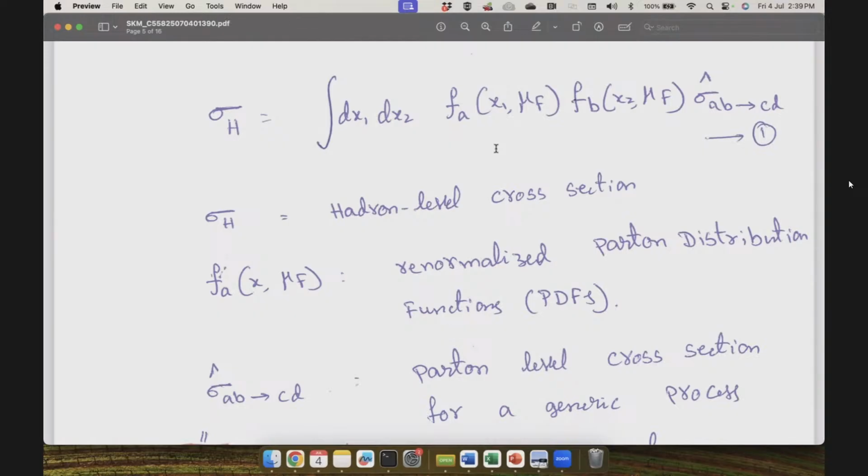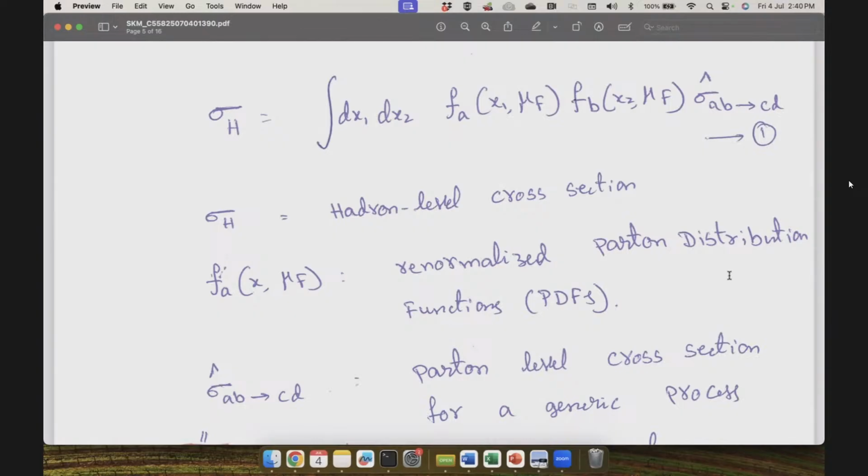So now if I absorb those collinear singularities into the bare Parton distribution functions, and I redefine these bare Parton distribution functions as the factorized, or in other words, the renormalized Parton distribution functions. In the theory as such, you have the UV divergences. Those divergences, you absorb them into the strong coupling constant and you renormalize the coupling constant.